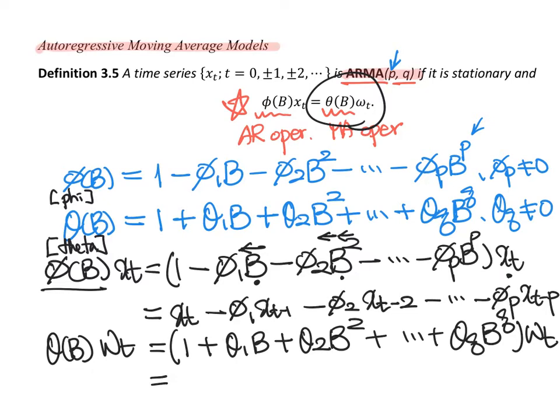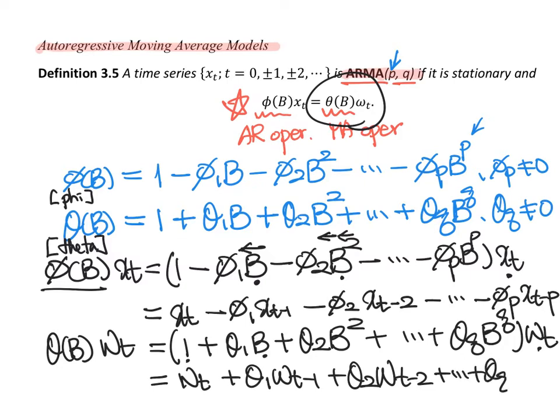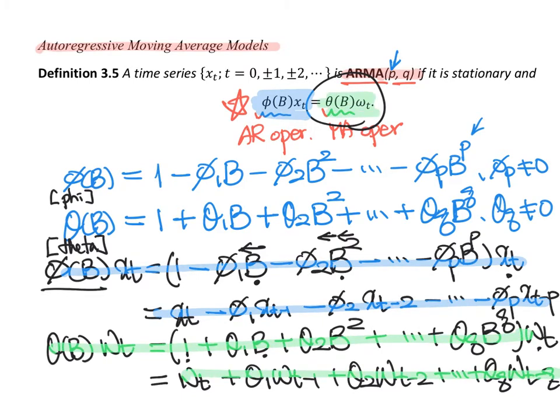The very first term, from the 1, will be just the white noise, and theta 1 is one backshift in time for the white noise, so it will be w t minus 1, theta 2 w t minus 2, and keep going until w t minus q. This is the left hand side, and this one is the right hand side.